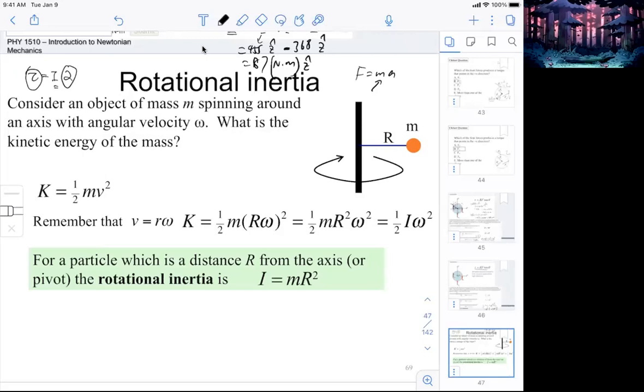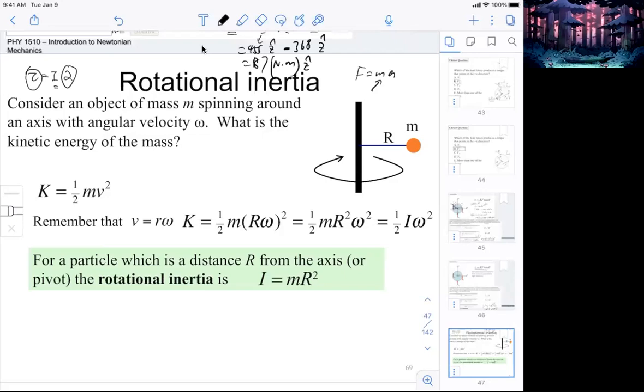Let's try to derive the rotational inertia for a point mass. You have a mass rotating around the center axis at a radius r, on the other side of a string, and you simply start rotating it with angular velocity omega. What is the kinetic energy of the mass?